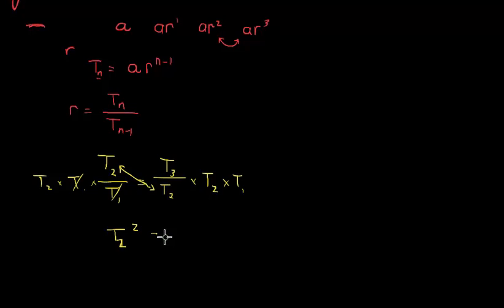T2 times T2 is equal to T1 times T3. And so T2 by itself is the square root of term 1 times term 3.